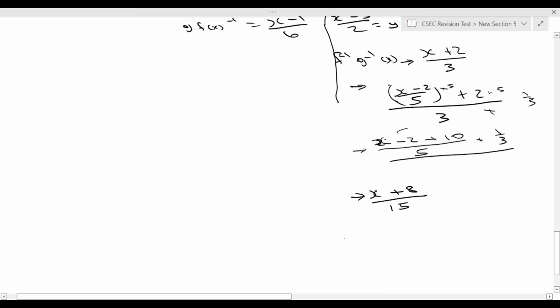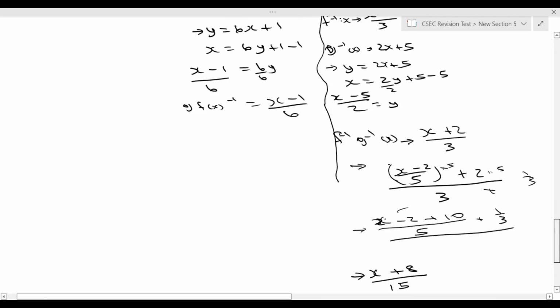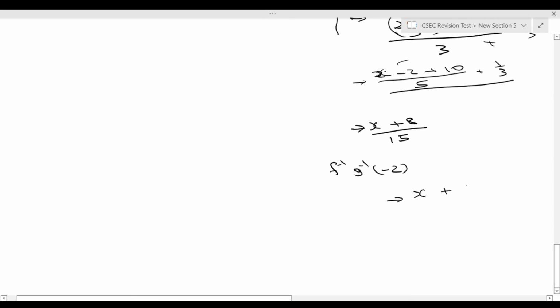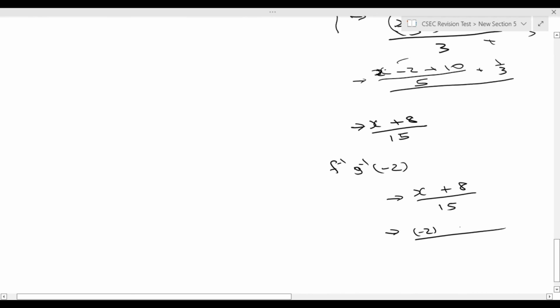We were then asked to find f inverse g inverse when our x is equal to what again? When our x is equal to a negative 2. Because we already found it to be x plus 8 over 15, substituting our x as negative 2, we find it to be 6 over 15.